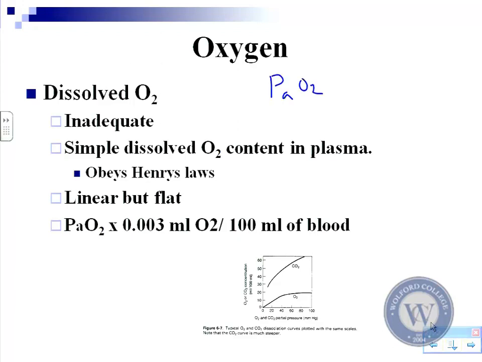PaO2 basically means the pressure of oxygen inside the artery, just in millimeters of mercury, how much oxygen is dissolved in the plasma. It does not tell you anything about what's going on inside the hemoglobin. It just tells you how much oxygen is dissolved in the plasma itself.